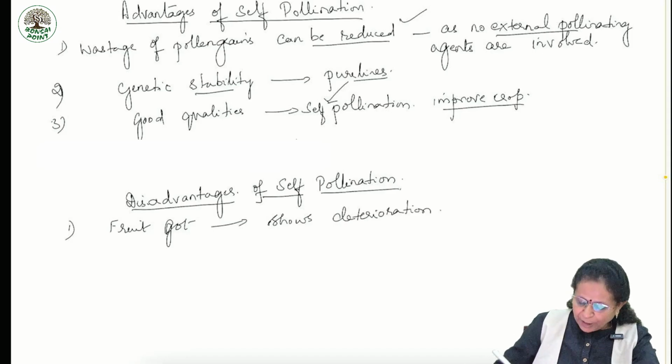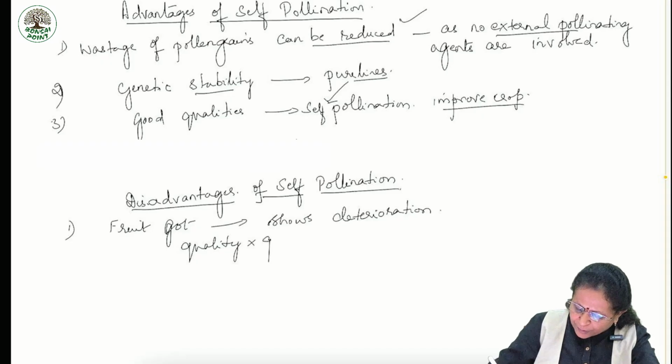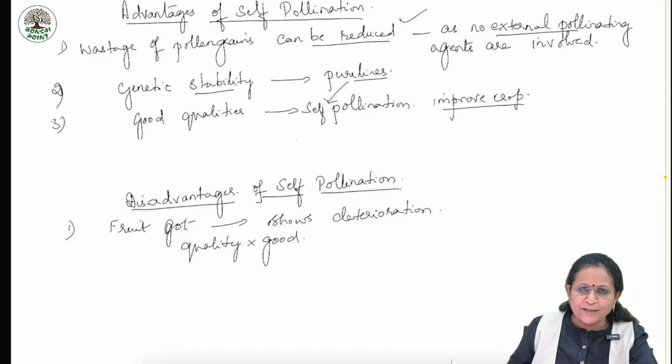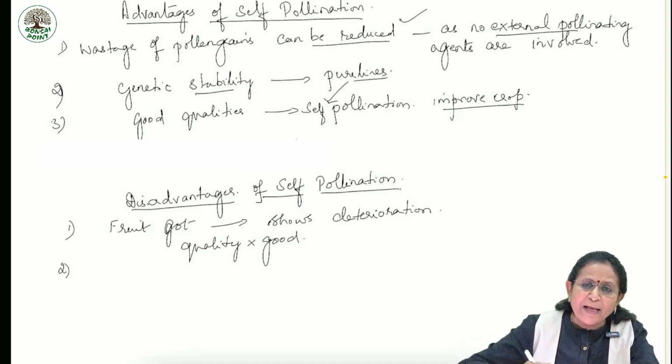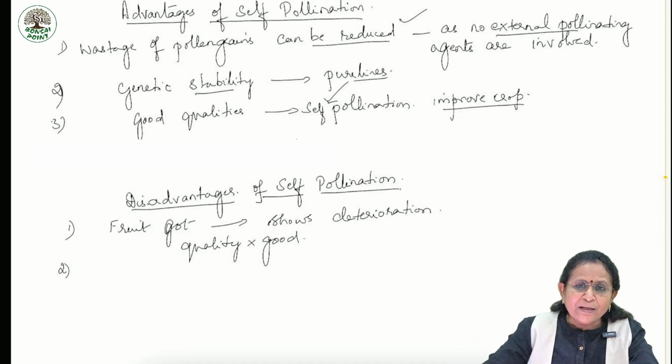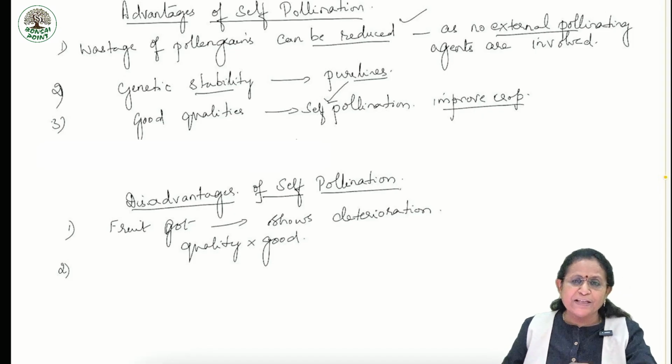Means what? Quality will not be good. Second, when we come across the plants or the flowers exhibiting cross-pollination, finally the offspring got from the product of cross-pollination will be very good.